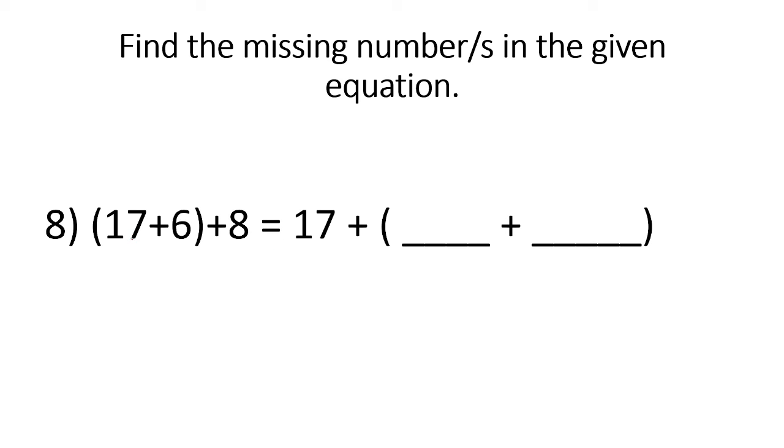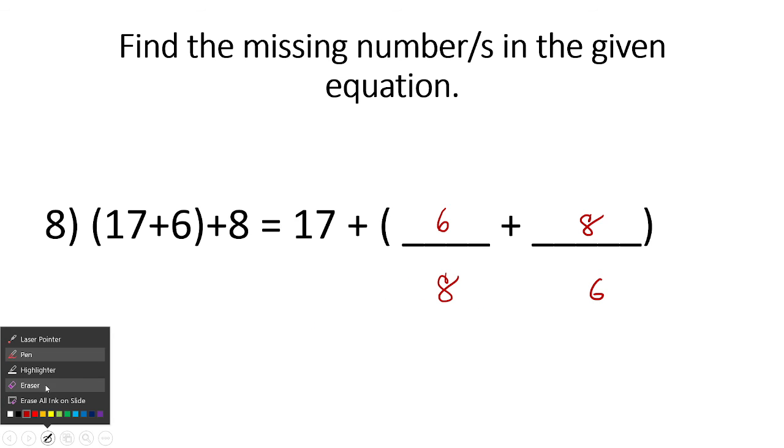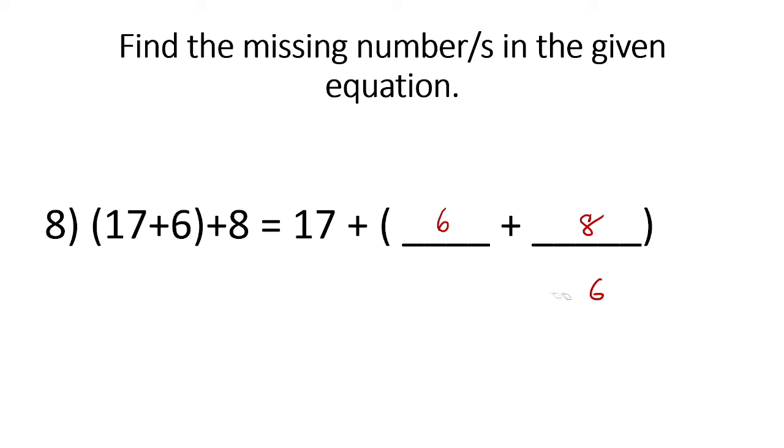So 17 plus open parenthesis 6 plus 8 close parenthesis. Pwede mong unahin ang 6 and then 8, or pwede mo ring unahin ang 8 and then 6. Iisa lang po yan ng sagot.